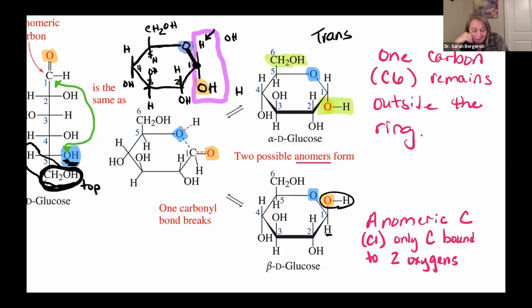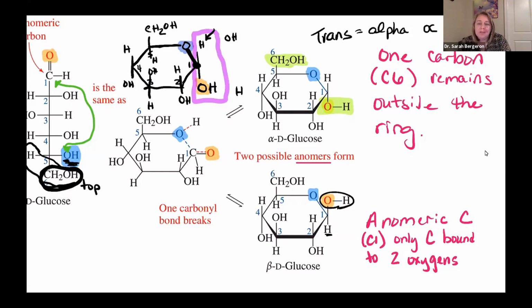So trans means alpha. Sometimes you'll see alpha abbreviated as this little symbol, it's like an A, and I'm not the best person at drawing it. It's like an A, but it's got a little tail, but that just means alpha.